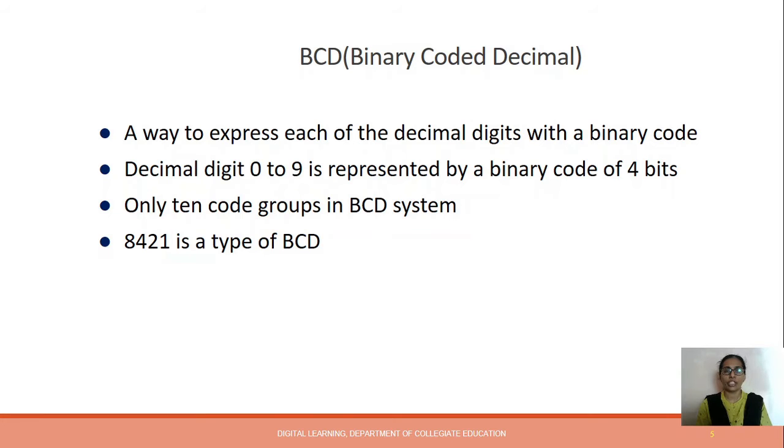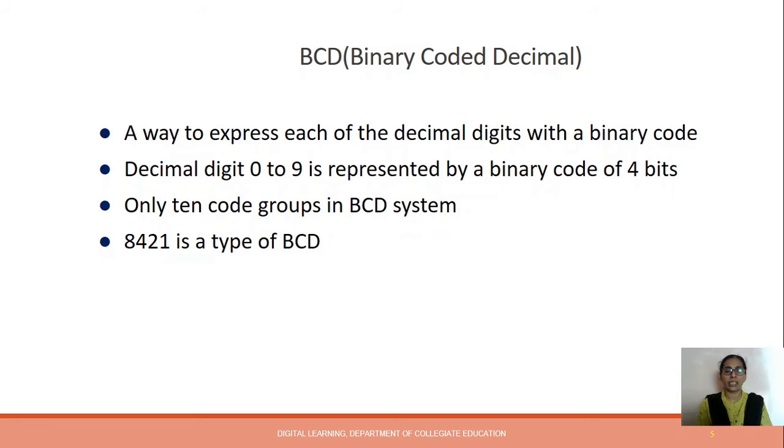And the weights of the BCD numbers are: the rightmost digit will have a weight 1, that is 2 raised to 0, and the next to the left will have 2 raised to 1, and the next to the left will have a weight 2 raised to 2, and so on.